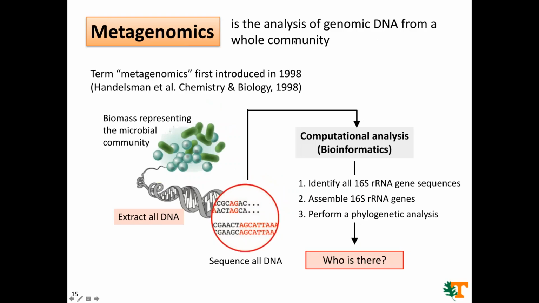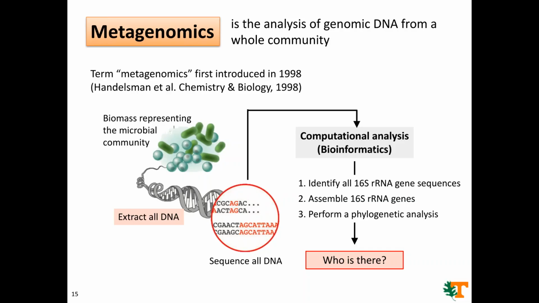Now, I give you a variation that probably makes it easier for you to recognize what the power of this approach is. You take the community, you extract all DNA, you sequence all of this DNA, you do your computational analysis, but now instead of looking at everything, all the sequences, all the genes in this metagenome, you specifically look for a subset of genes of interest.